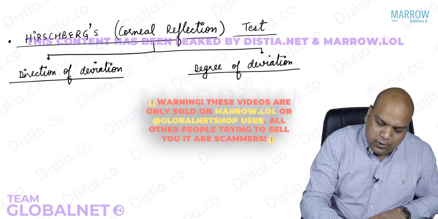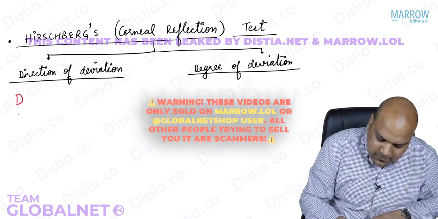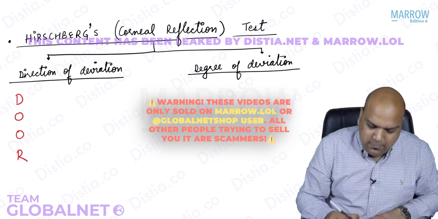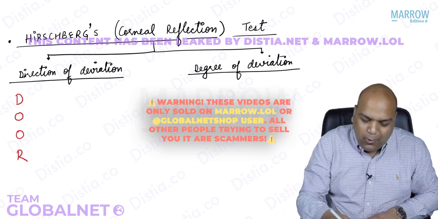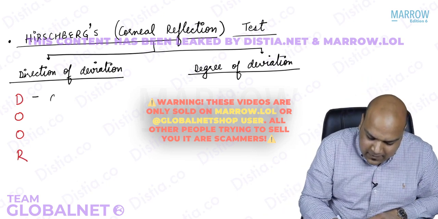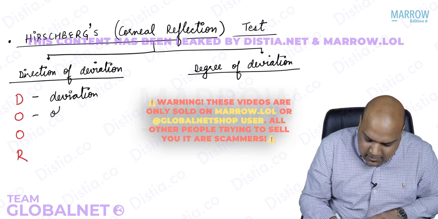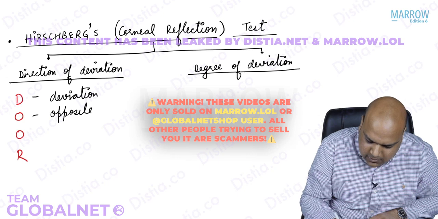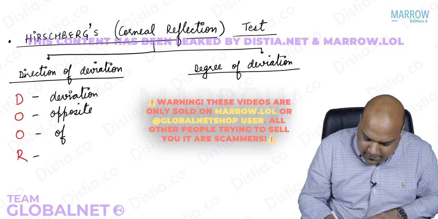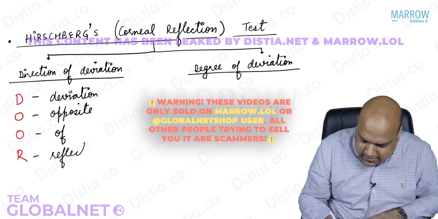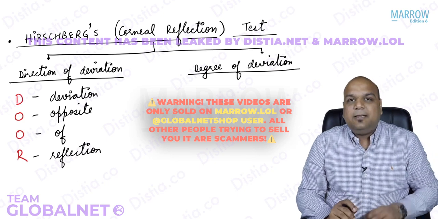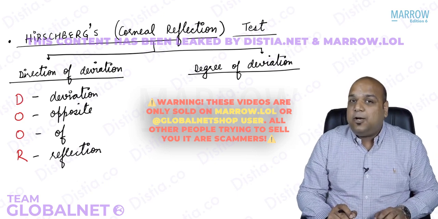Let me write it out for you to be able to remember this, through a mnemonic. The mnemonic becomes DOOR, D-O-O-R. What is the mnemonic? The deviation is O for opposite, O for of, R for reflection. The normal corneal reflection should be seen in the center of the pupil.